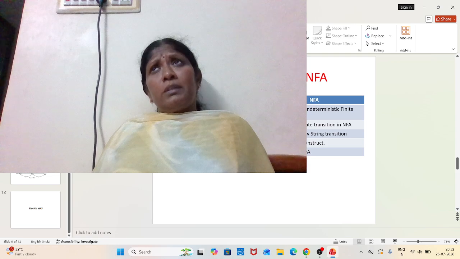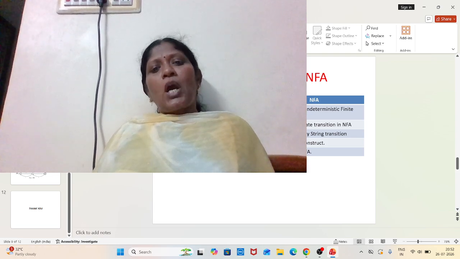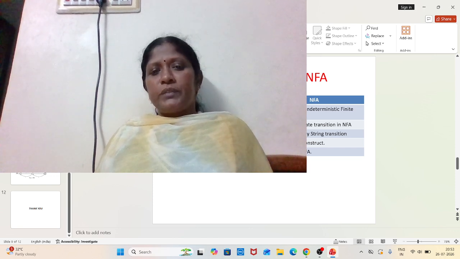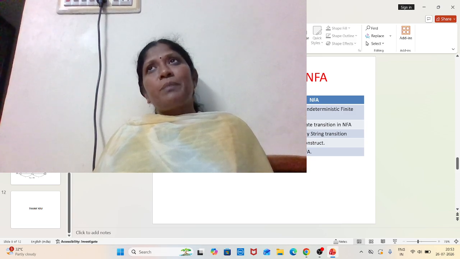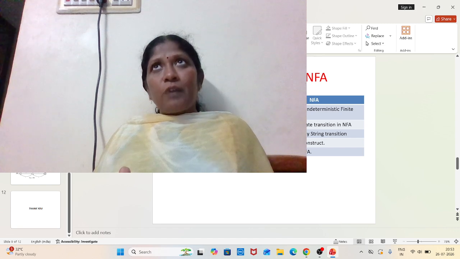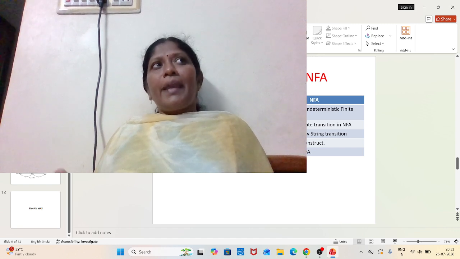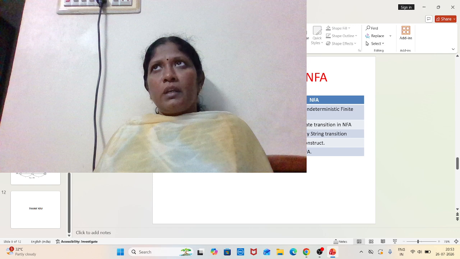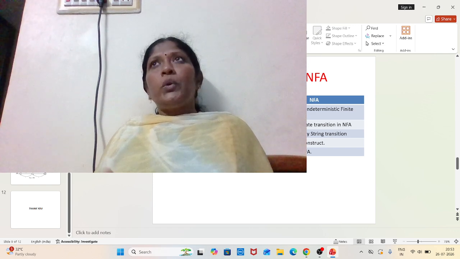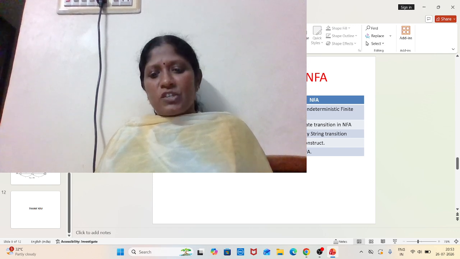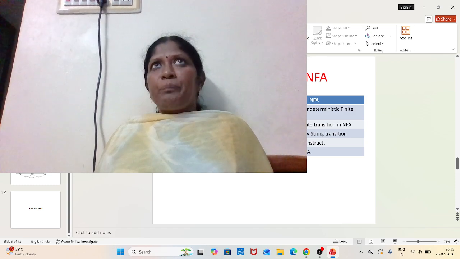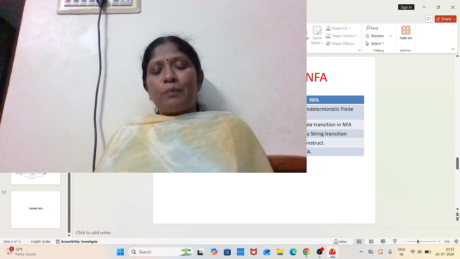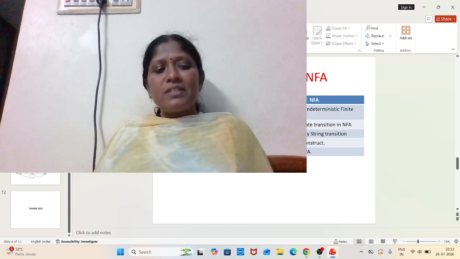Now we are going to see how the given NFA can be converted into an equivalent DFA, using the subset construction algorithm. The first step is that the initial state of the given NFA is taken as the first subset.